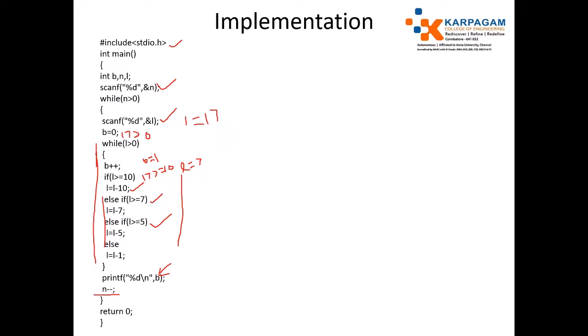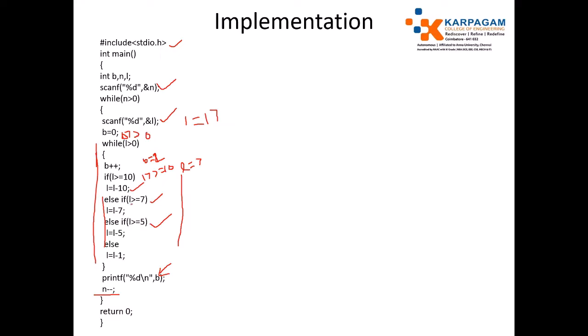Now it goes to another iteration. It checks L greater than 0. Now L equals 7 only, and 7 is greater than 0, so it will enter the loop. It will increment b to 2. It will check L greater than or equal to 10. 7 is not greater than or equal to 10, so this condition will not work, and the else if condition works.